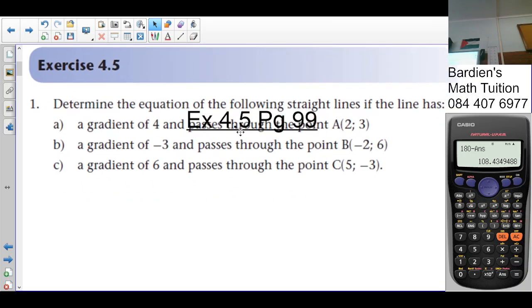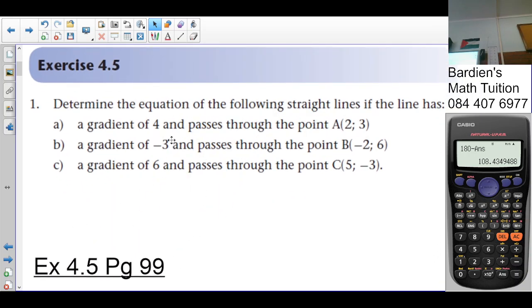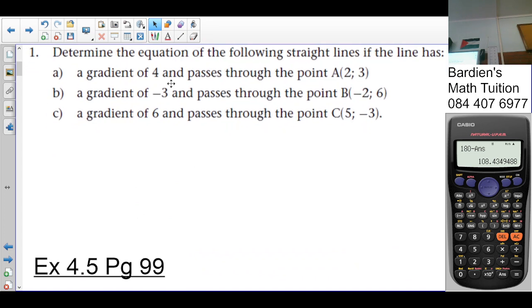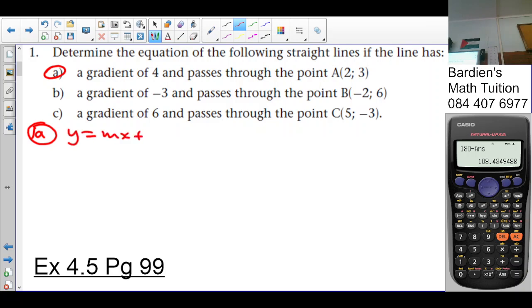Exercise 4.5 on page 99, we are told determine the equation of the following straight lines if the line has a gradient of 4 and passes through A, which is 2 and 3. Okay? So number 1a. The equation of a straight line will be in the form of what? y equals mx plus c.